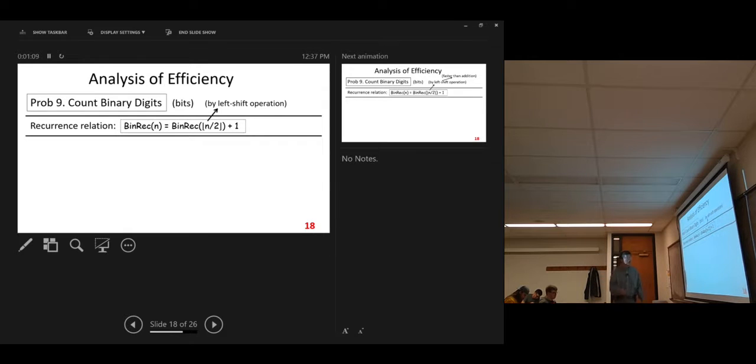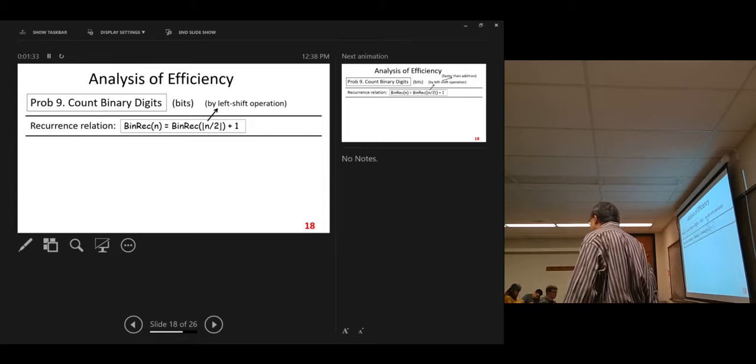But here, the division is so special, divided by 2. Division by a power of 2 is very easy. In computer science, we just shift the position. Then you do the division by 2 or a power of 2. So this is a shift operation. That's very cheap, very cheap.